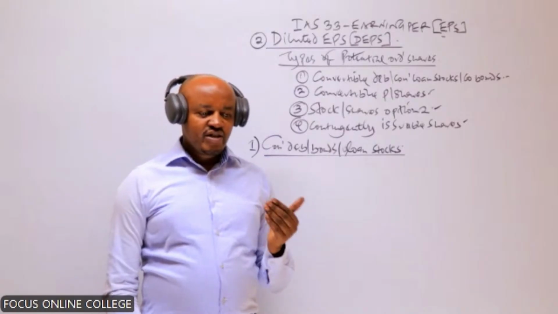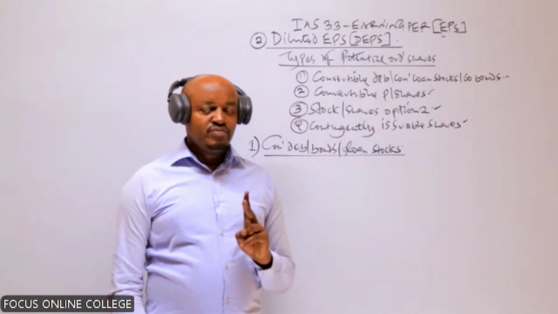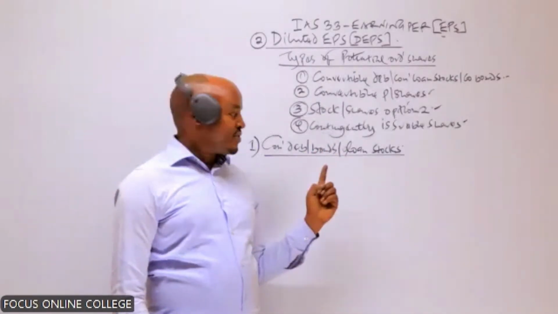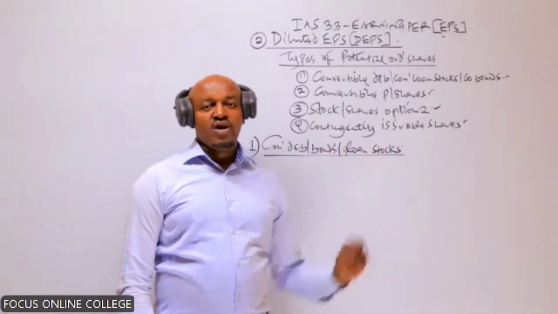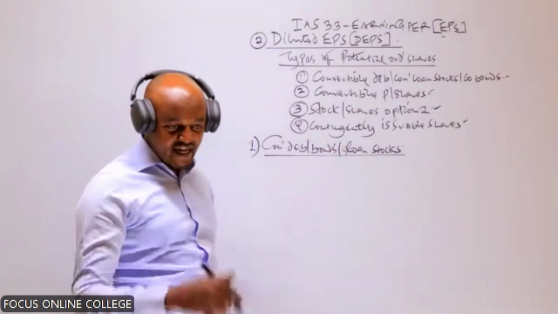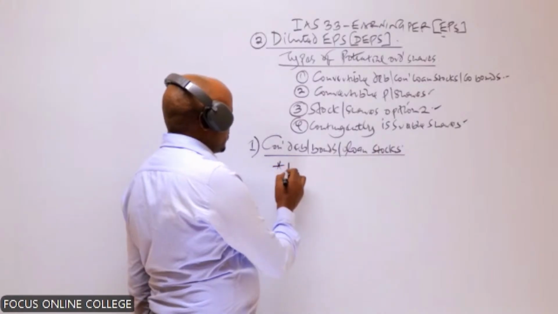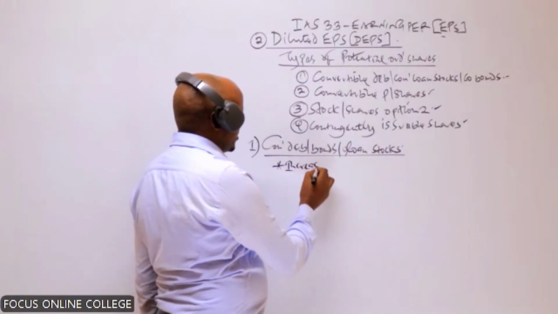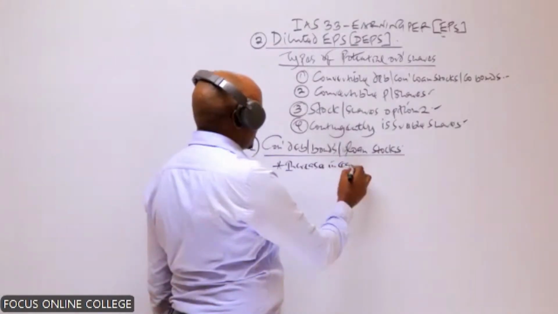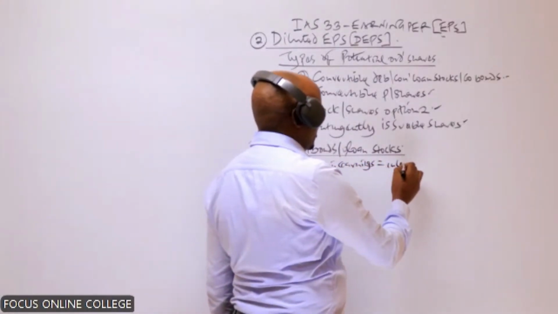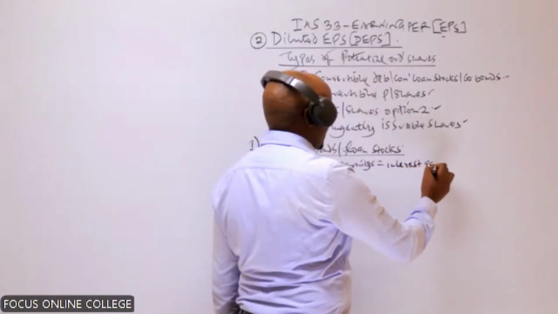But in that case, for you to be able to do that, we make an assumption. We make an assumption that these convertible securities were converted into ordinary shares during the current year. So as a result of that, we compute two items. One, we compute the increase in earnings. And the increase in earnings here is equal to the interest which was paid by the company.